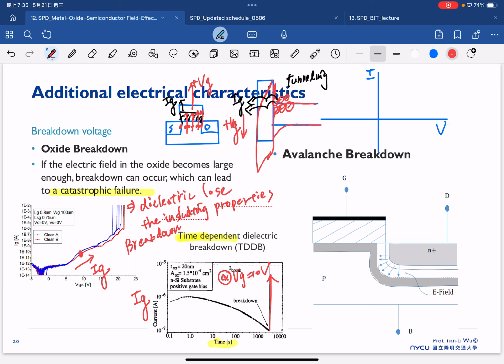We already showed that the current will increase under forward bias, but under reverse bias, in the beginning it's flat, but after a certain moment we will see a large current observed here.